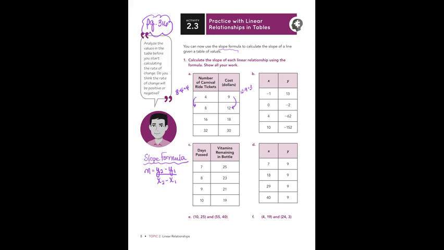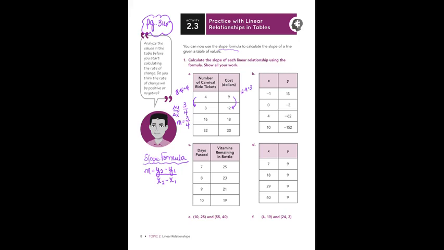So I can see that my change in y is 3, and my change in x is 4. So I know my slope is 3 over 4.